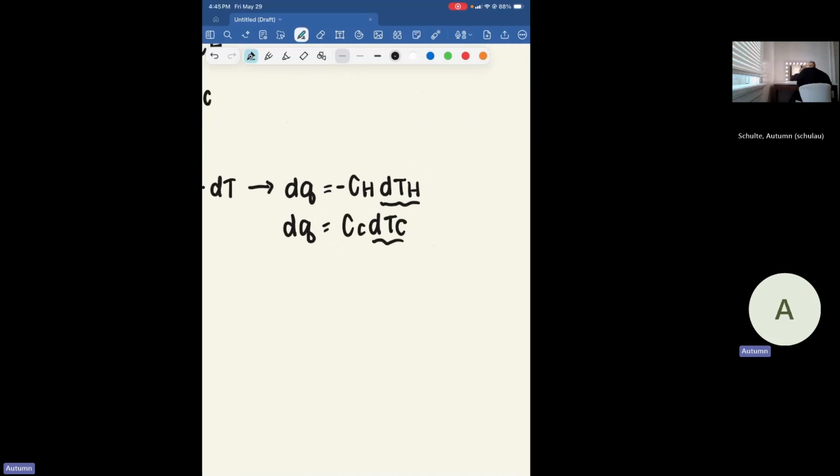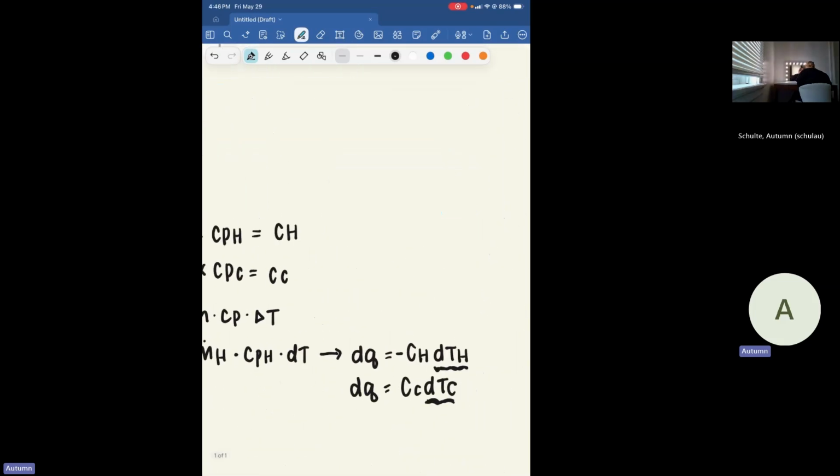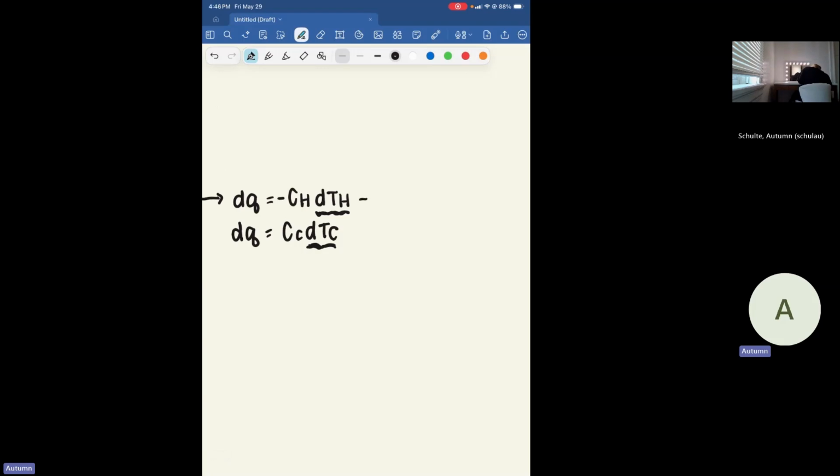So now what I want to do is start talking about these terms over here and plugging in our values for those based on what we said about our inlet temperatures and outlet temperatures. And so if we plug that in, this is going to be equal to the negative mass flow rate heat capacity of our hot stream, and then this derivative of our hot temperature, that's going to be the hot temperature at position 2 minus the hot stream temperature at position 1, or whatever's going in.